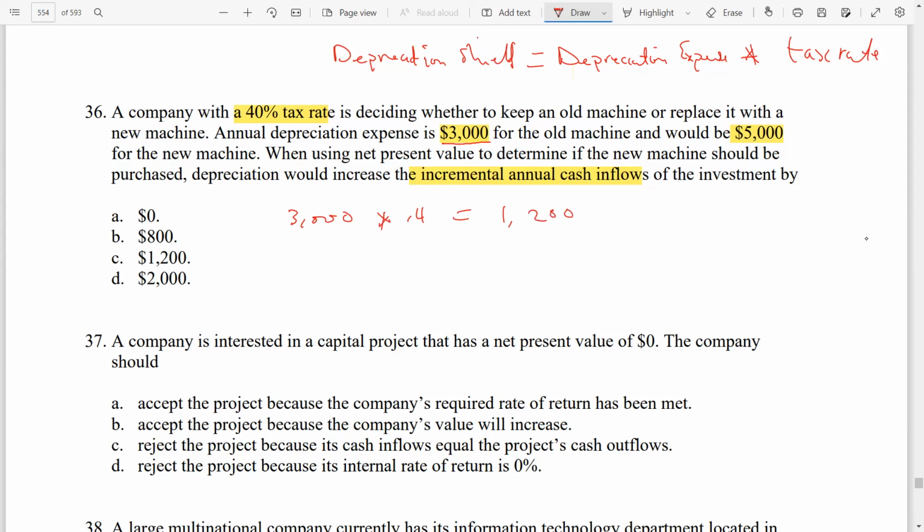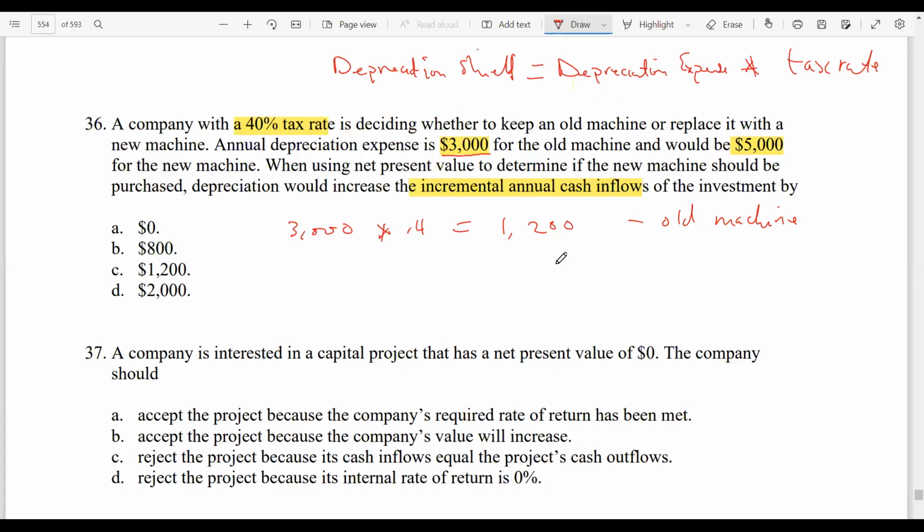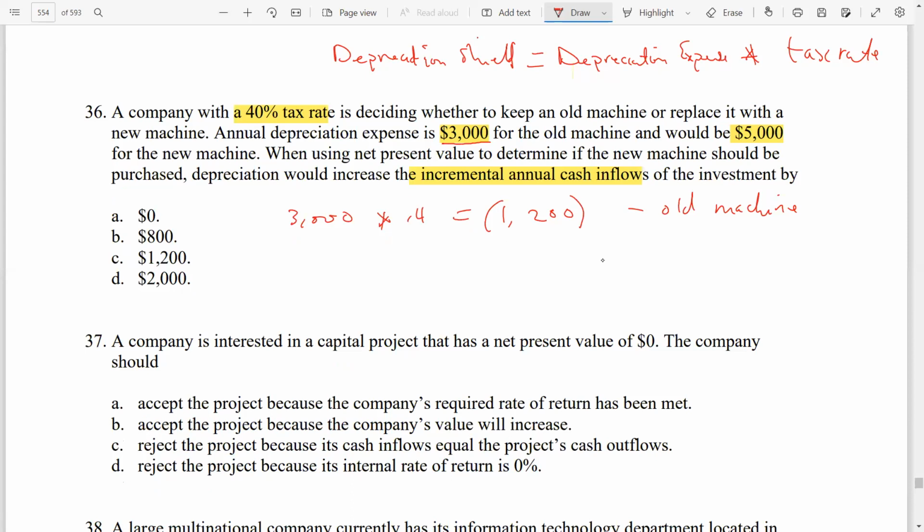That is for the old machine, and we are getting rid of the old machine. So that means we are losing the 1,200. That is a loss.